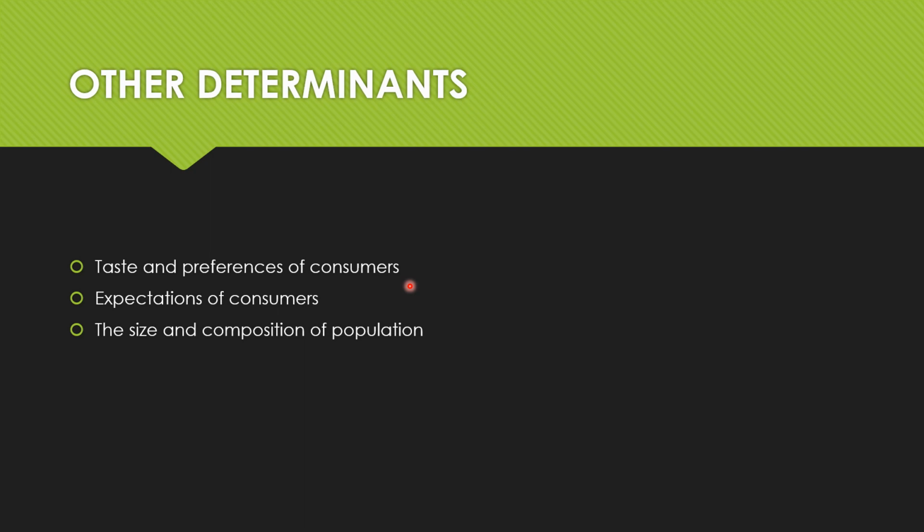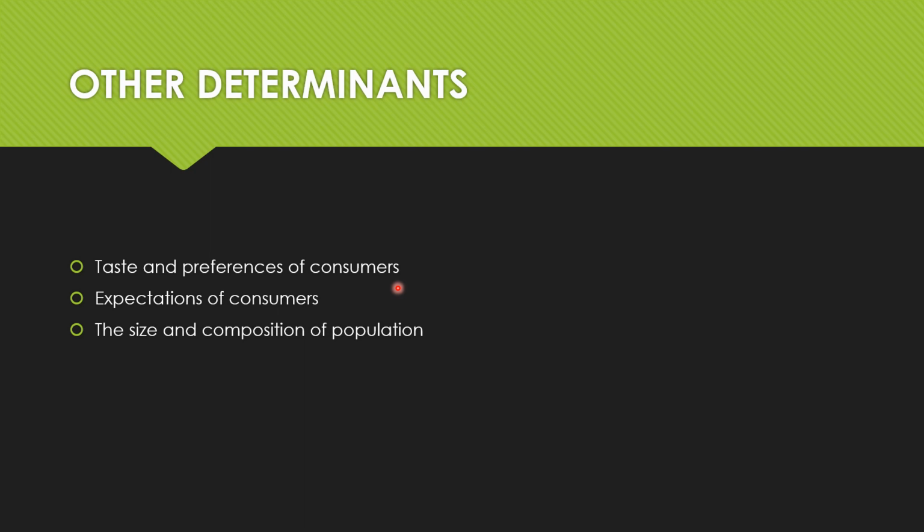So I would still buy rice even though the price is going up. That is happening because of the taste and preference of the consumers. This taste and preference of the consumers can also be influenced by customs. If there's a custom that a particular festival you have to make certain types of sweets or certain varieties of food, then no matter what the price of that particular item is or what the price of raw materials is, still people would buy it because of their customs, because of their beliefs, because of their taste and preferences.